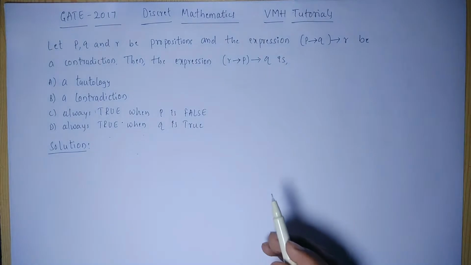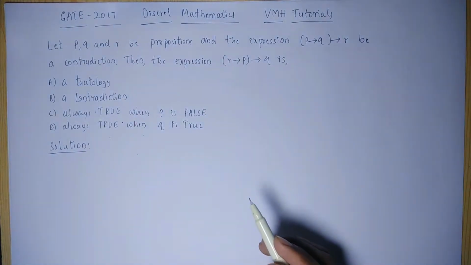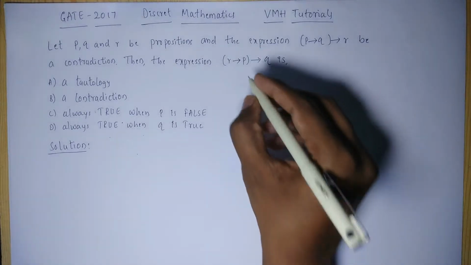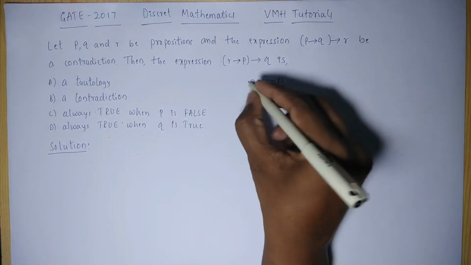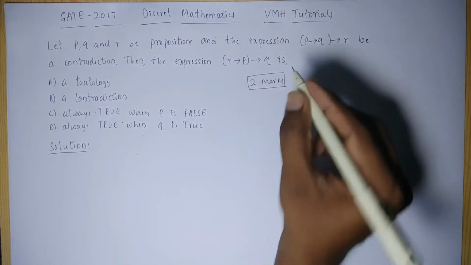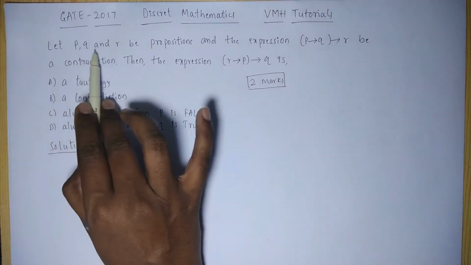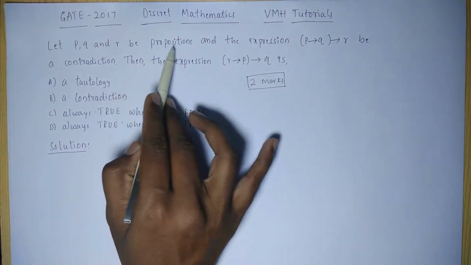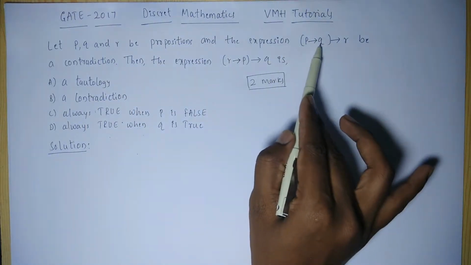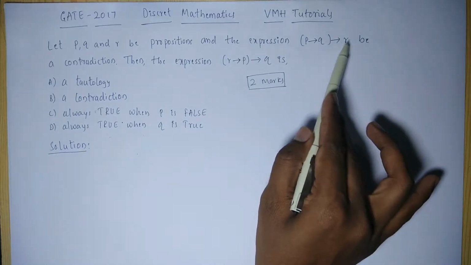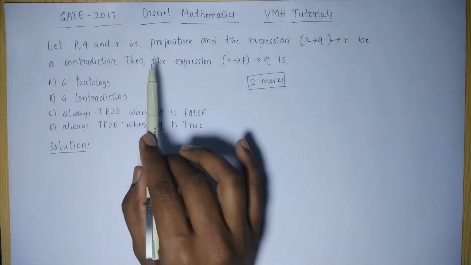Hello, today we will solve a problem on discrete mathematics which was asked in GATE 2017 for 2 marks. The problem statement is: let P, Q and R be propositions and the expression P implies (Q implies R) be a contradiction.